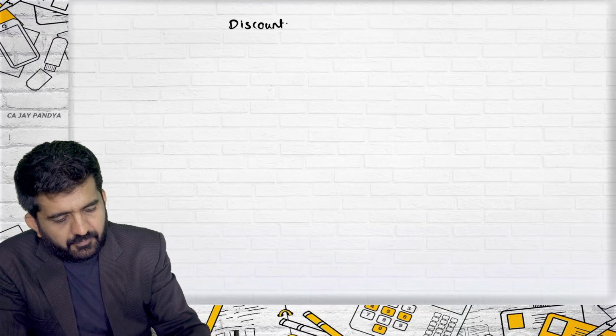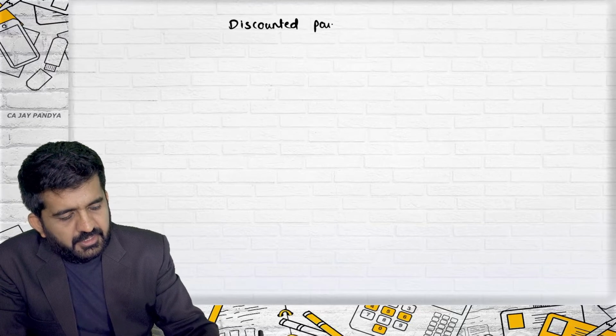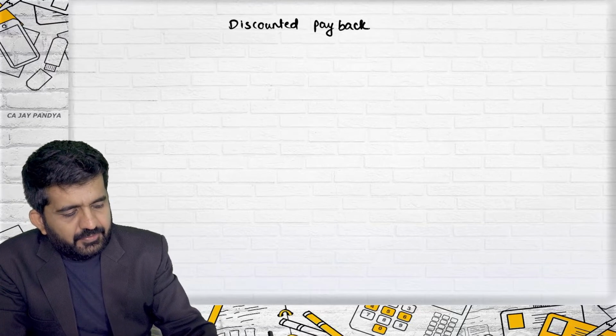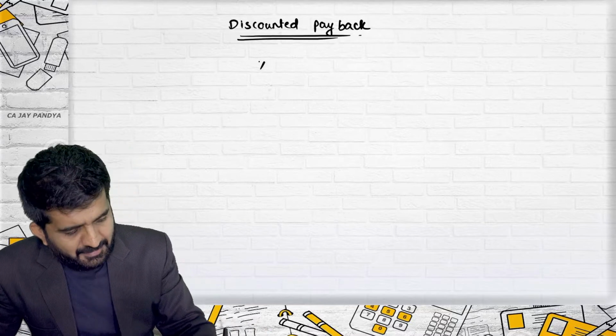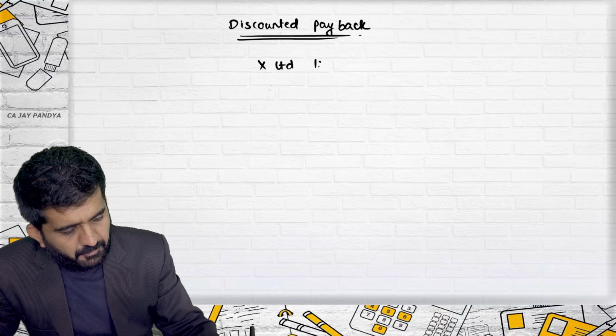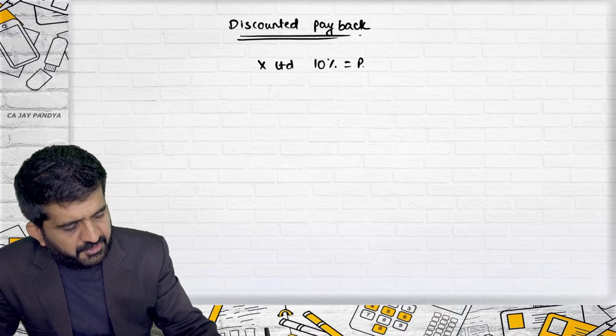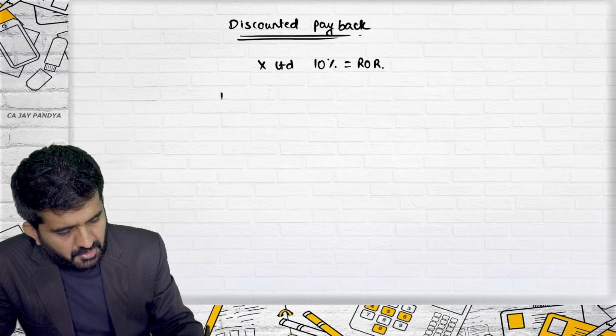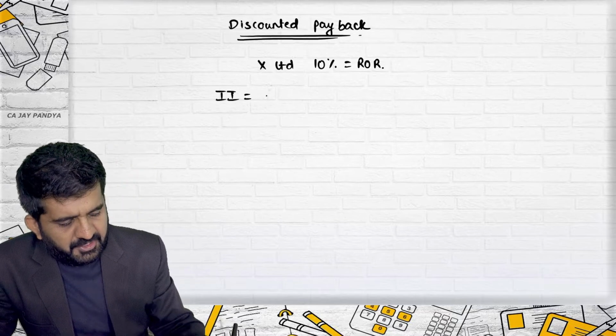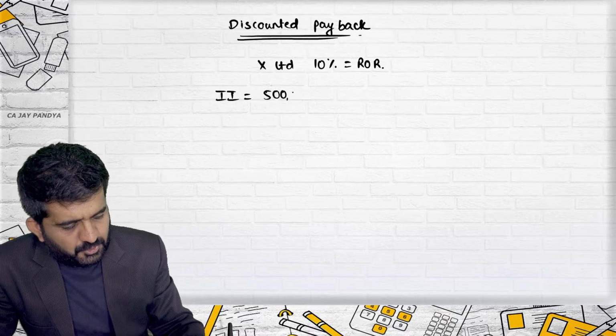Next in payback is discounted payback. Try to concentrate. IMX Limited, my required rate of return is 10%. My initial investment in the project is again 5 lakh rupees.